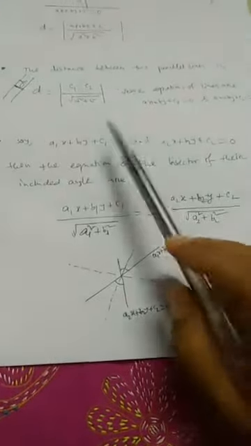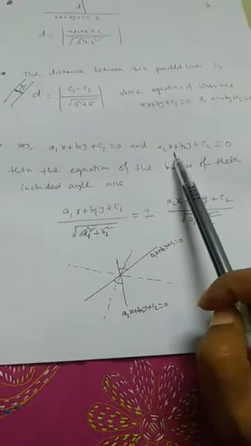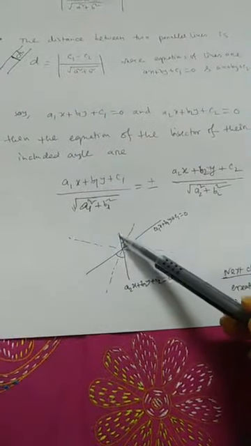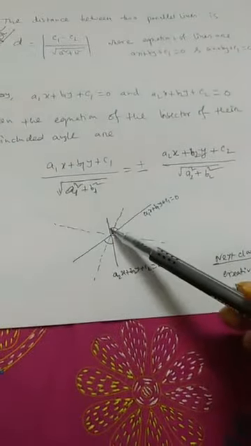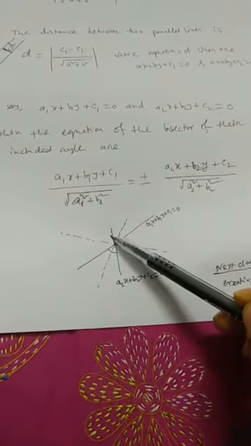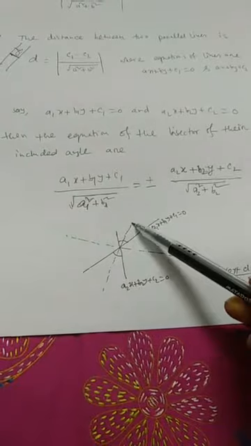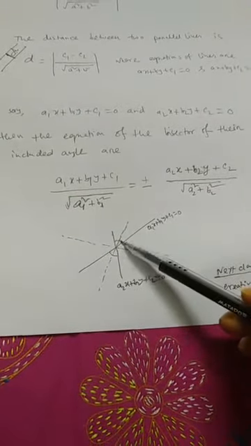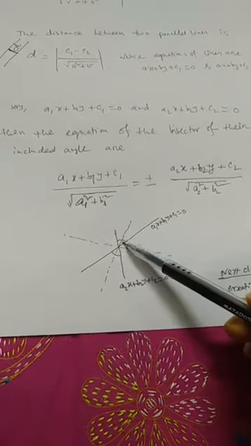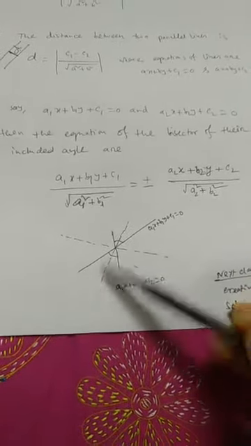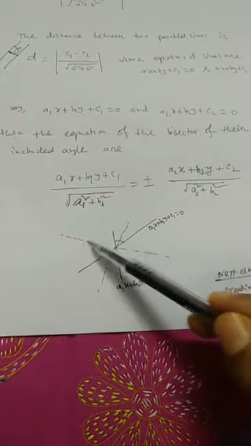And this is the last formula. Two straight lines will be given. Say this line is given and this line is given. So there are two angles. One is this one and another one is this one. We have to find the equation of the bisector of this angle. This line will bisect this angle. So what is the formula? We have to find the equation of this bisector and this bisector. There are two bisectors.